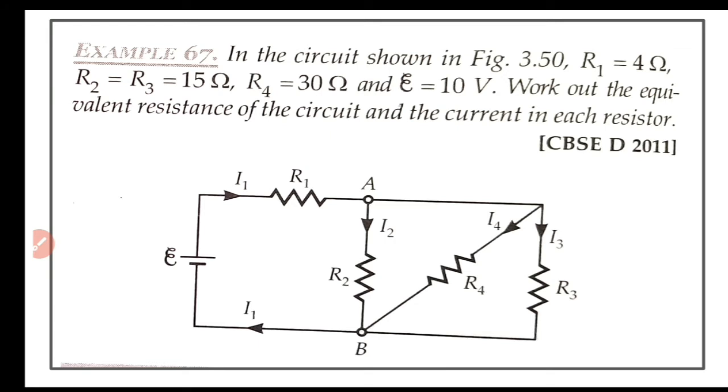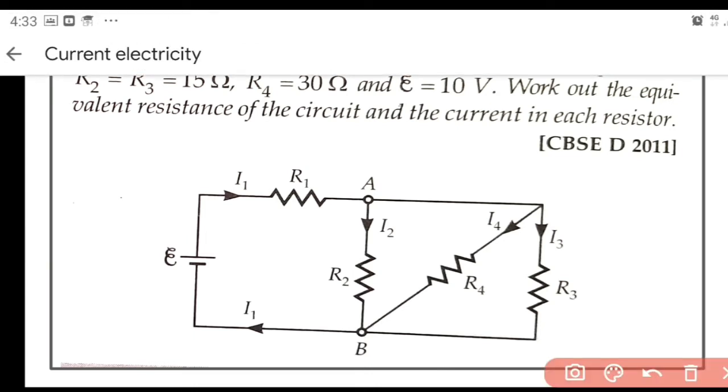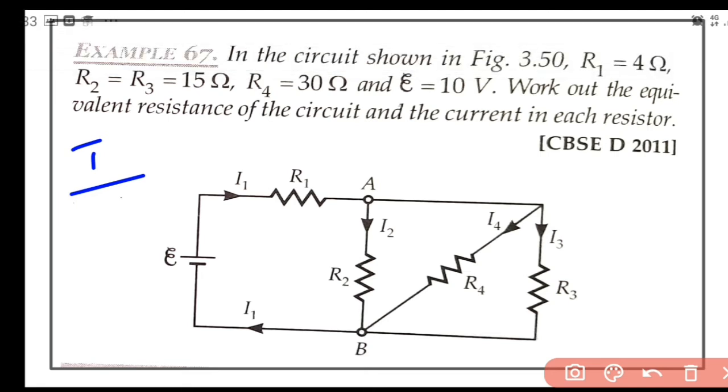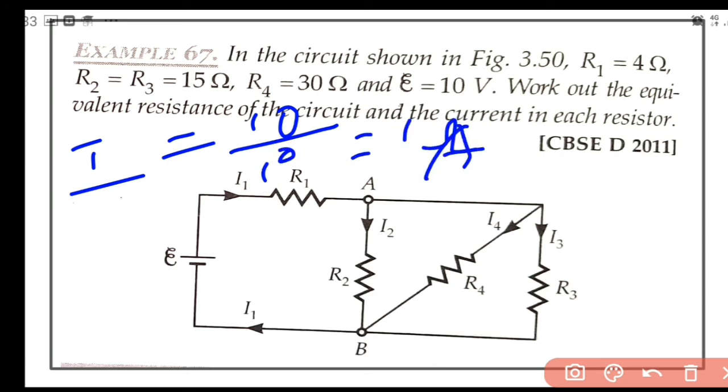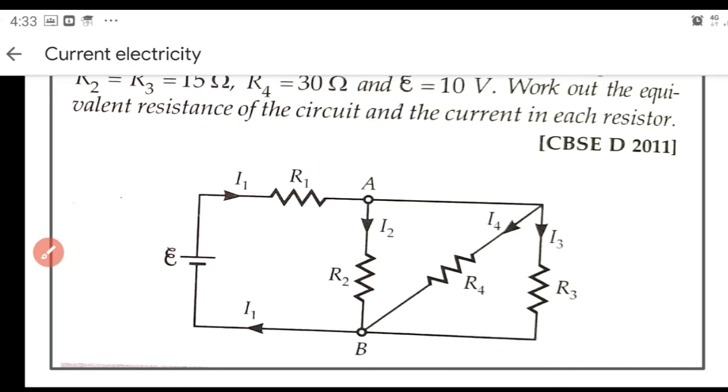So epsilon is 10 volt, R1 is 4 ohm. So 4 ohm plus 6 ohm, 10 ohm. So we can find current I. I is equal to what? Epsilon divided by the total resistance, that is 10 divided by 10, that is 1 ampere. The current is 1 ampere.